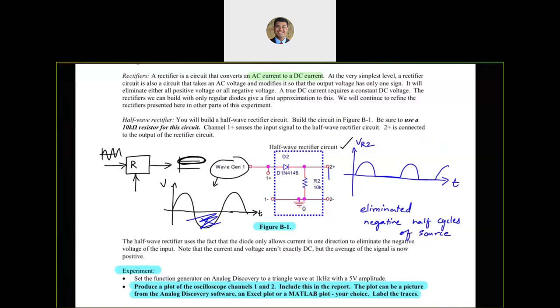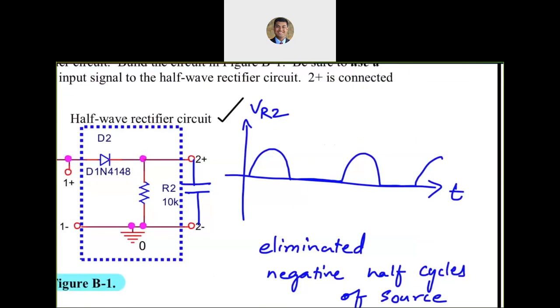So we can actually put a capacitor right there, and we can charge the capacitor and discharge the capacitor. And if we are able to do that, essentially during the charge cycle, the capacitor charges to the maximum value, and doesn't discharge instantly.